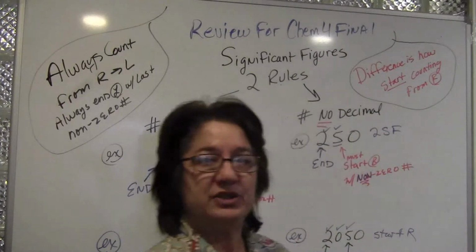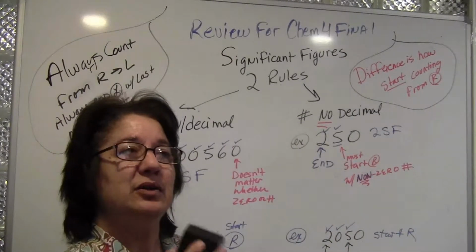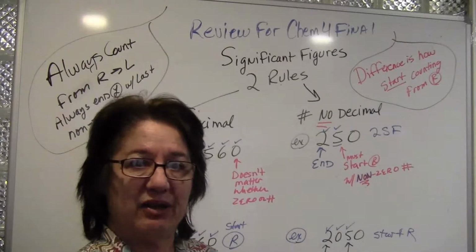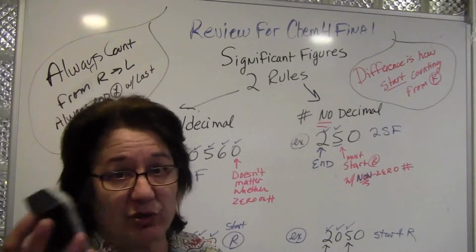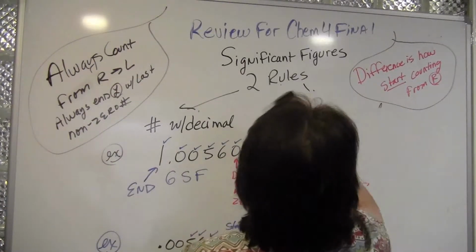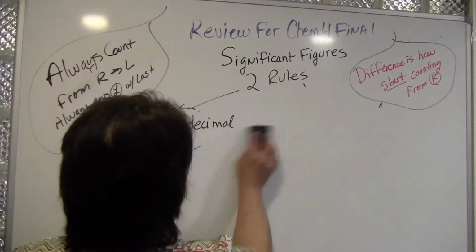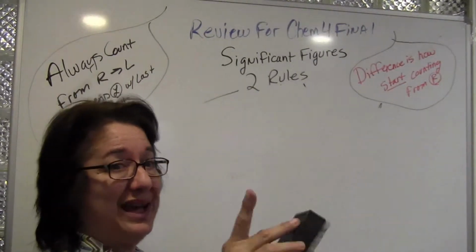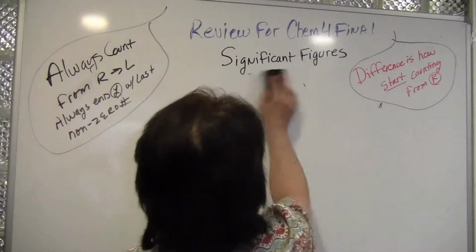The reason you need to know significant figures is when you get to the answer, you can't include all the numbers that the calculator is going to give you, because you know calculators go crazy and they'll give you 10,000 numbers. So you're going to look at the number of significant figures in the problem to figure out how many to include in your answer.